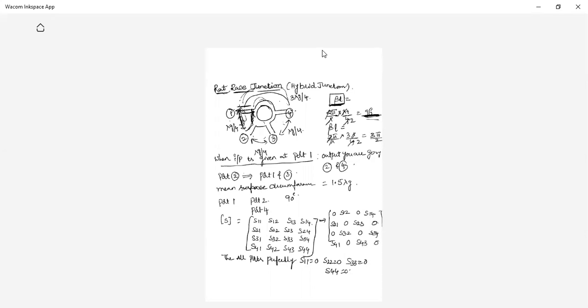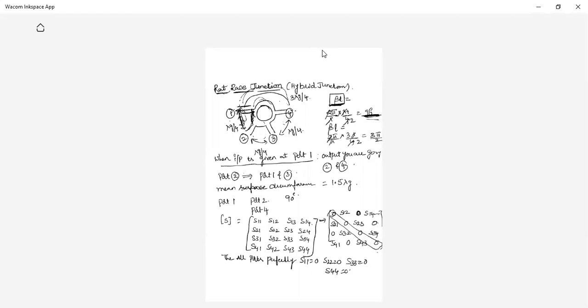Why am I writing zeros in between? Can anybody tell me? This is because it is perfectly matched, so the diagonal values become 0. In between also I wrote some zeros. Why?